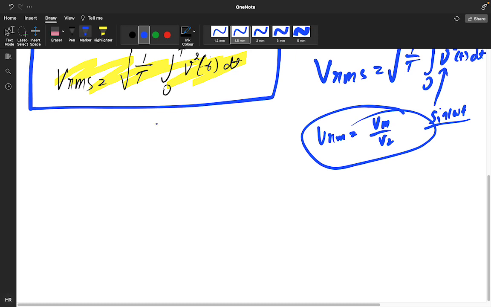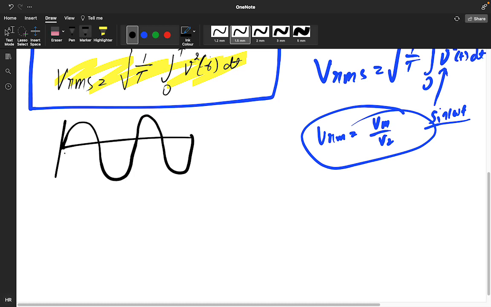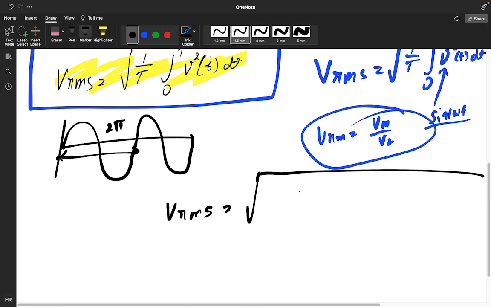Suppose we have a sinusoidal wave with a time period of 2 pi. So we can write Vrms is equal to root under 1 by 2 pi, integration from 0 to 2 pi, v square of t into dt. Okay, up to this it is clear.